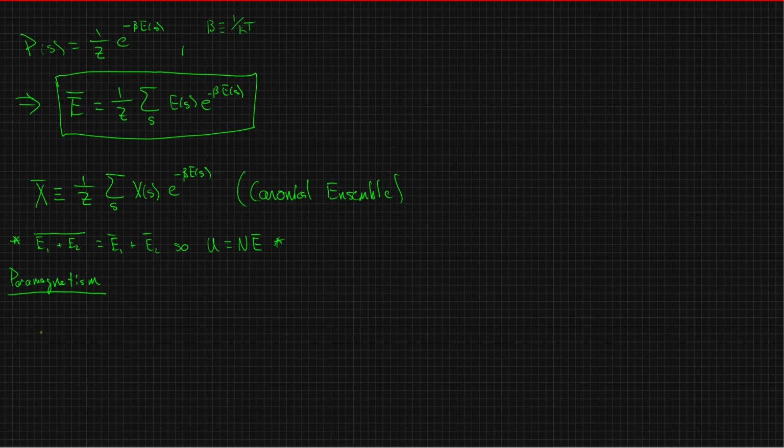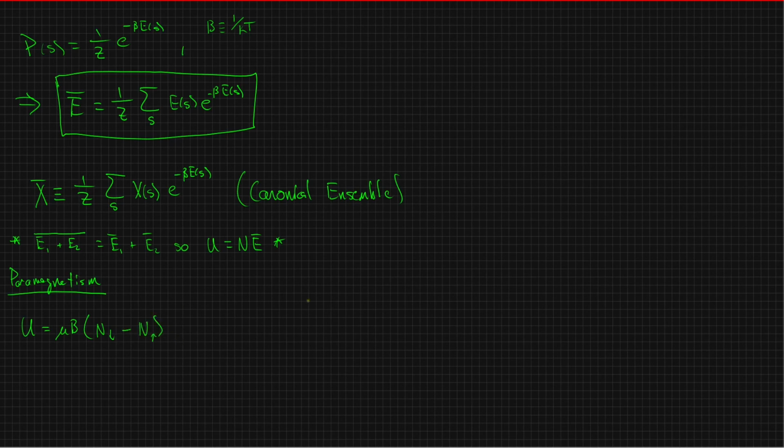Okay, so let's remember exactly what the paramagnet was. The paramagnet was just a system where the total energy was given by some coefficient mu times B times N down, the number of dipoles in the system that are spin down, minus the number of dipoles that are spin up.